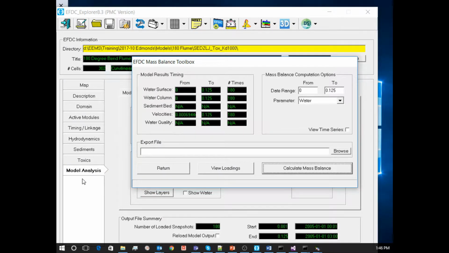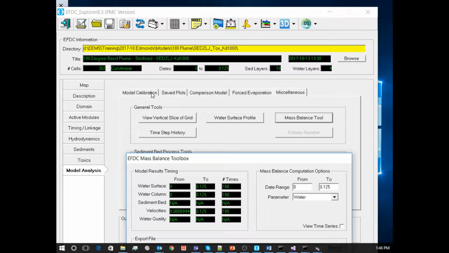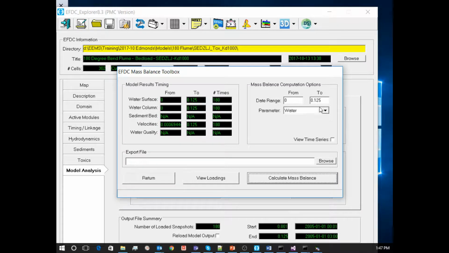You do that again through the model analysis tab, then the miscellaneous tab on the top, and then the mass balance tool here. I'll show you what happens with the water.